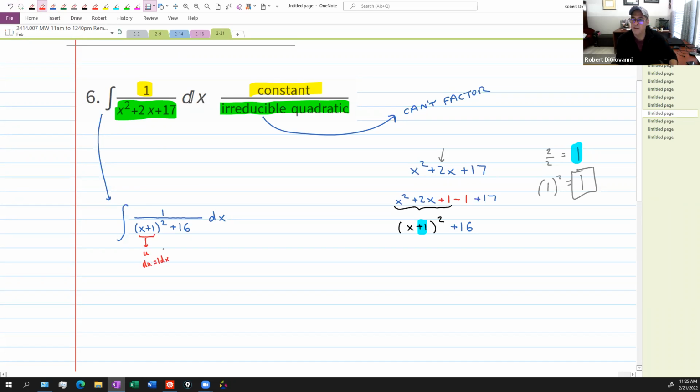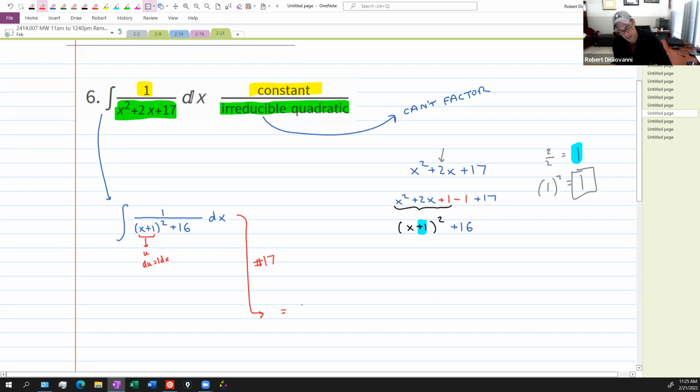So there's nothing you have to scale. You would never have to scale because it's not ever going to turn out to be like 2 dx or 4 dx. It's just going to turn out to be 1 dx every time, which means I can go straight to formula 17. But instead of u, I'm going to use x plus 1.